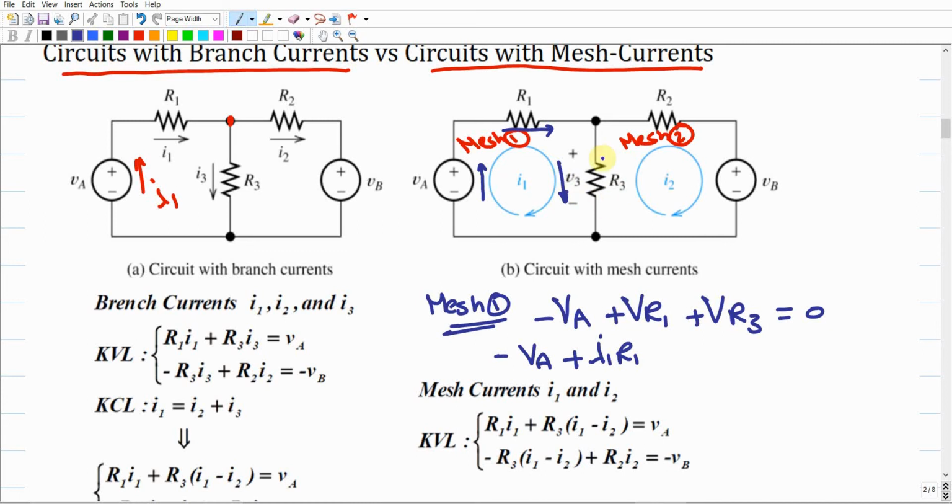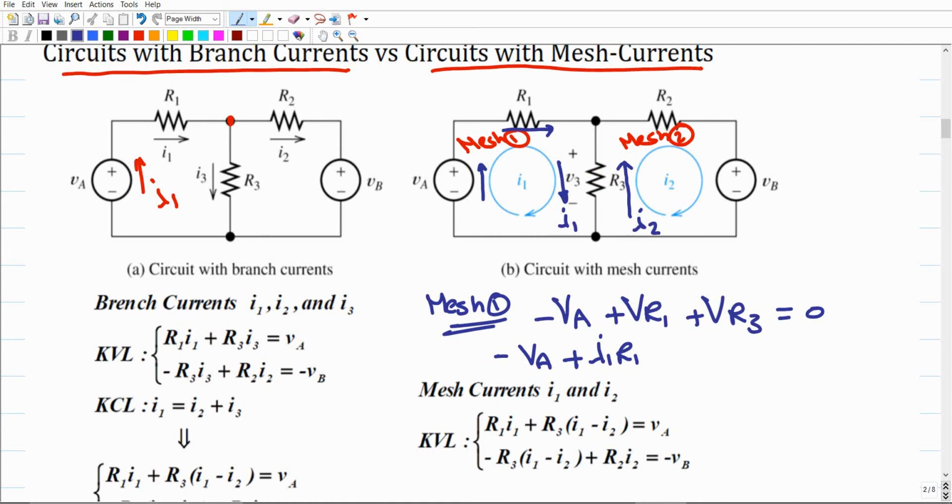For the branch R3, there are two mesh currents already interacting over the resistance R3. One mesh current, which is I1, going in this direction, going down. And there is another mesh current that goes in the opposite direction, which is I2. Because this R3 is a common resistance between the two meshes, right?